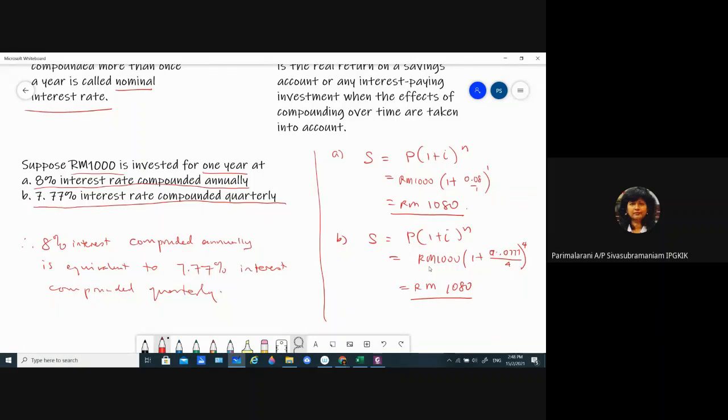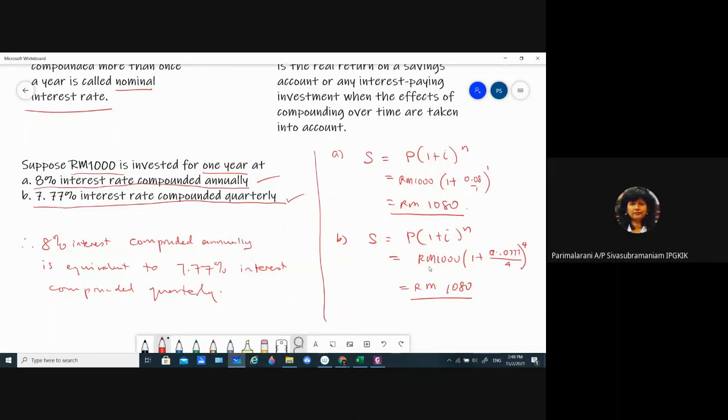Do you understand that? It means we need to compare two rates. Sometimes when you go to one bank, they give you the first rate. They say, okay, you can invest, but this is our interest, 8% interest rate compounded annually. And then you see that the next bank gives you the second interest. They give you 7.77. If you look at the interest alone, you think that you are getting less because it is 7.77.